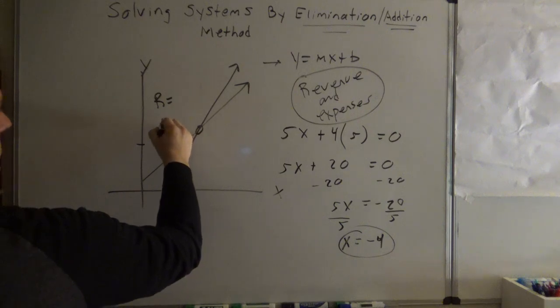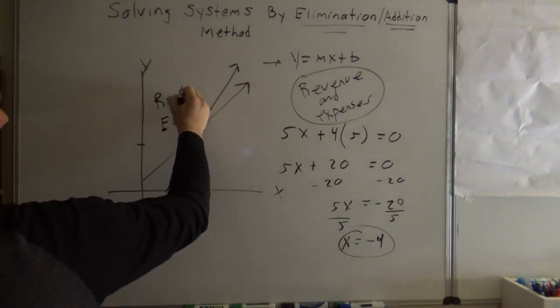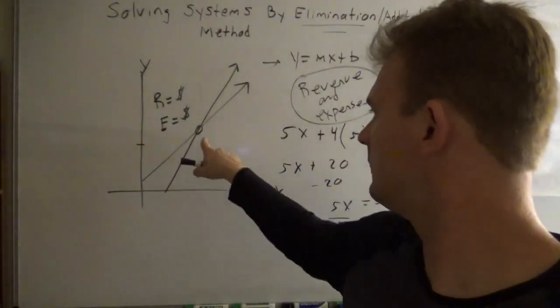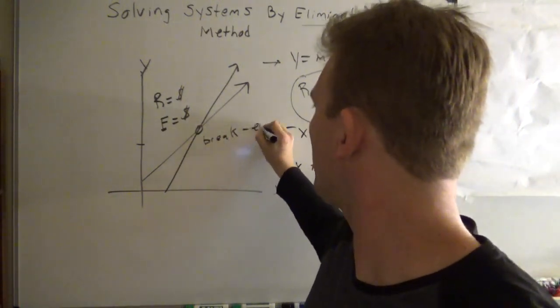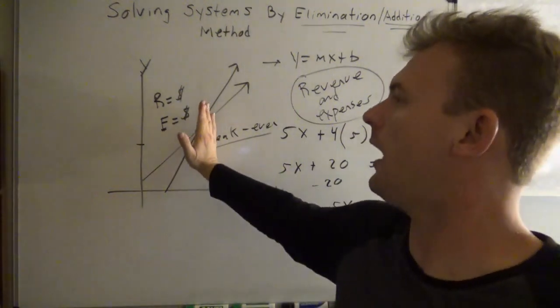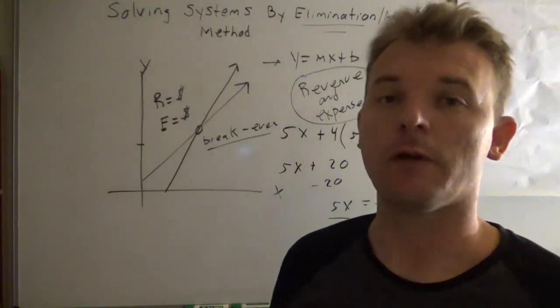And your expenses, which let's just call it E, is another equation of money. And where they cross is where you hopefully break even. And if you go ahead of the break-even point, that's where you make the money. That's where you make profit.